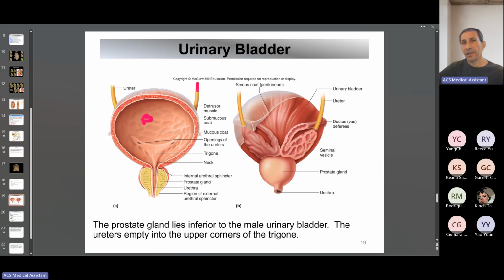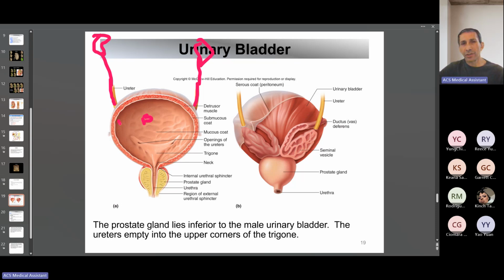Now, here you see the ureters entering the urinary bladder on each side because we have two kidneys. So they come from here and the other kidney, and they come from here. So that's basically what it is.